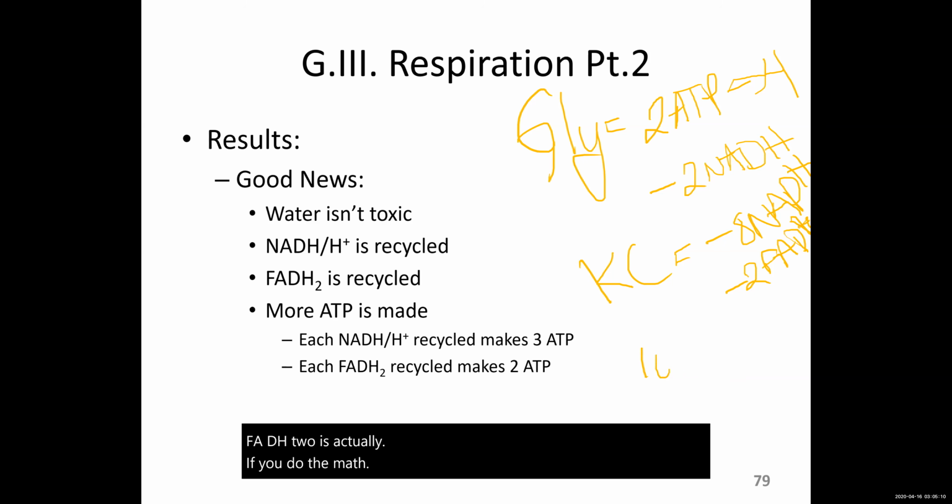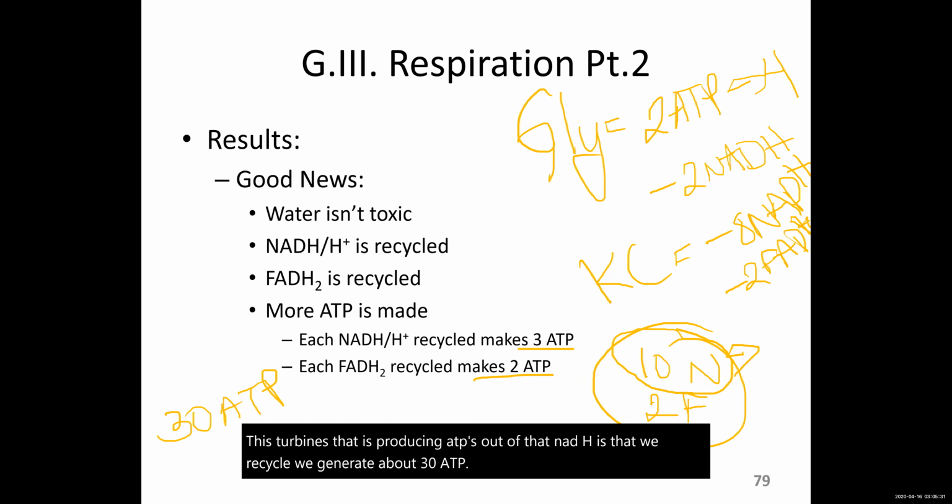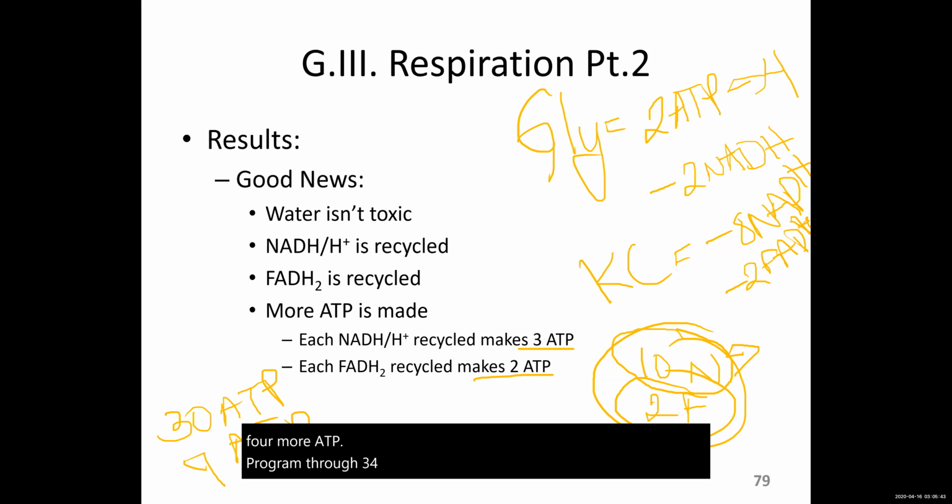So when we make it to the electron transport chain, and if each one of them that gets recycled produces 3 ATP or 2 ATP, we actually have a really good turbine. This turbine that is producing ATPs, out of the 10 NADHs that we recycle, we generate about 30 ATP. And then out of the 2 FADH2s that we were recycling, we generate about 4 more ATP, for a grand total of 34 ATP from those NADHs and FADH2s.